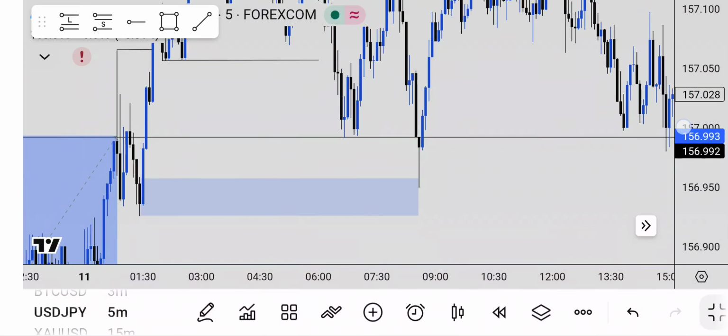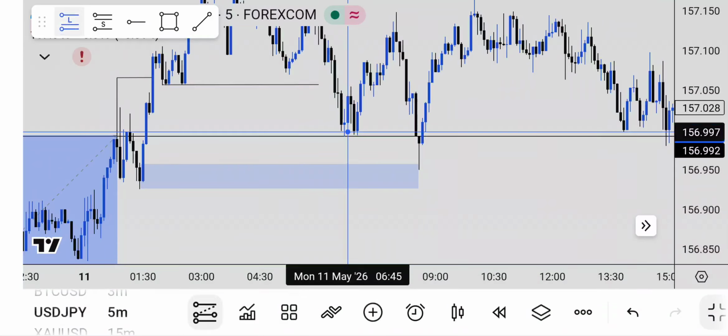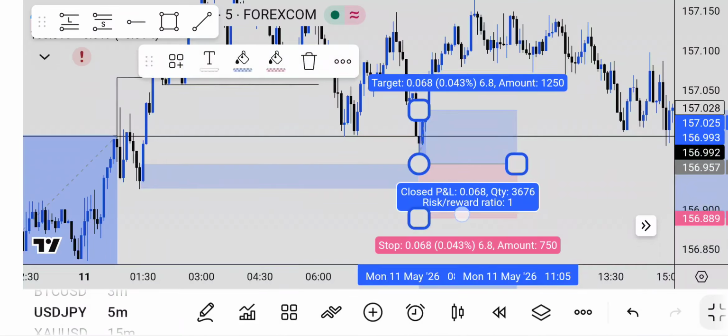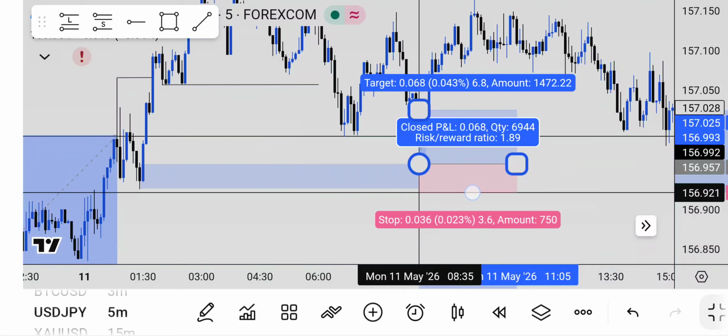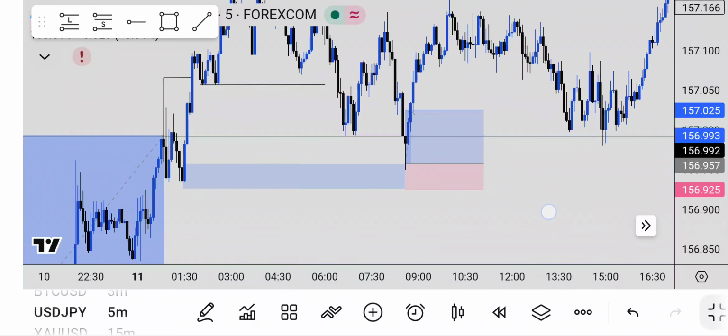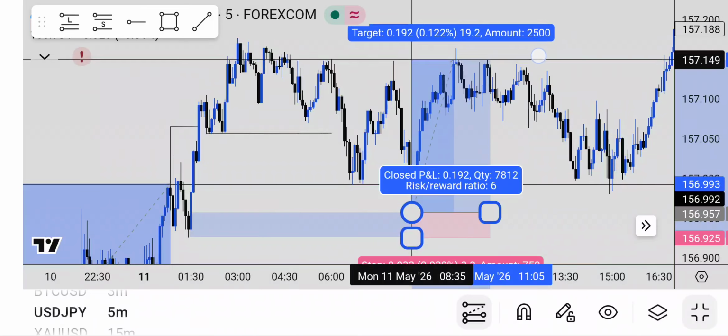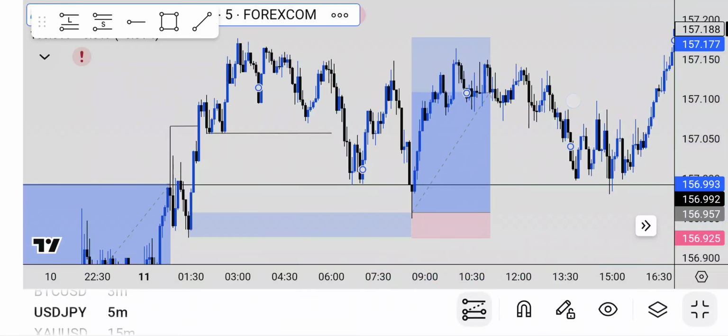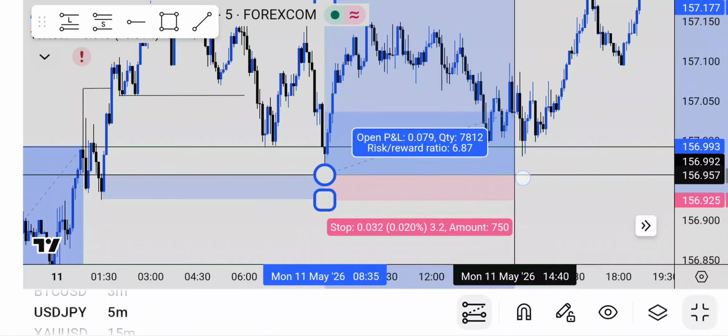From the way I move, I already know that the market might come to that zone, because it's already inside of the 15 minutes breaker block, 15 minutes order block.